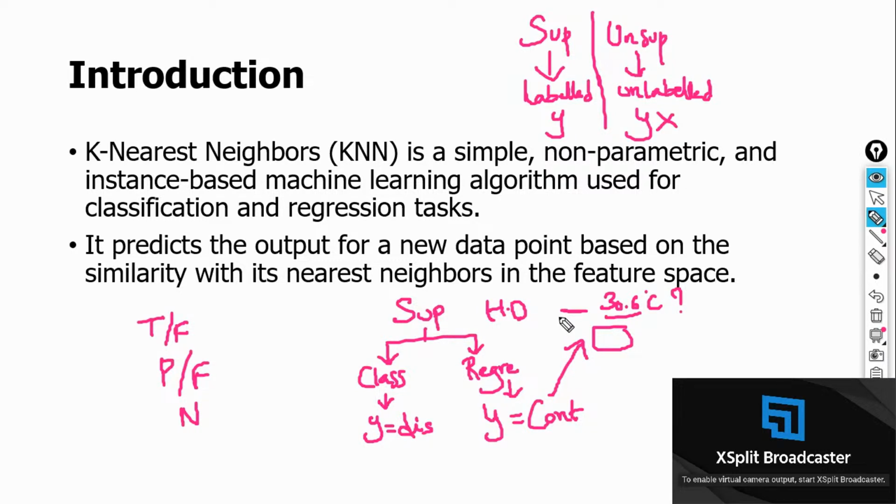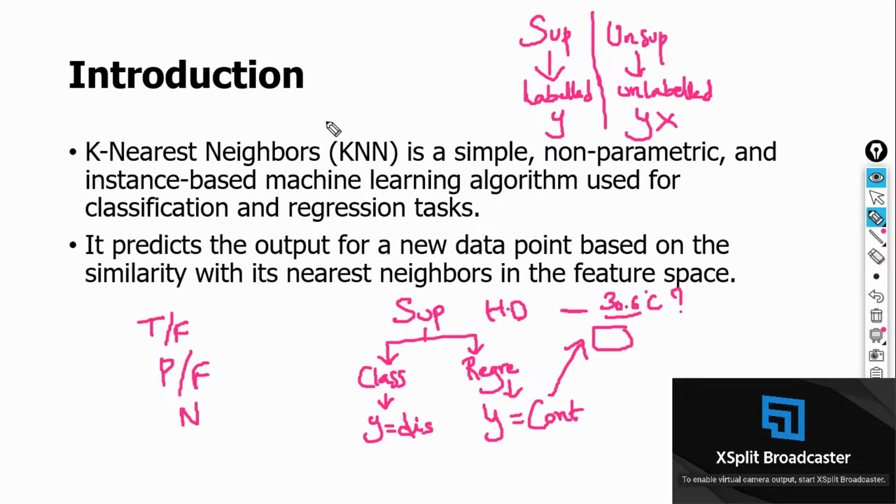Let us not go into the depth of time series because that is not our cup of tea for the time being. So we have broadly two types under supervised: classification and regression. Classification is for discrete values under the target column, and regression is for continuous values under the target or output column.